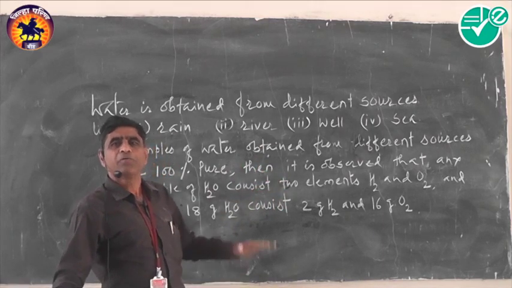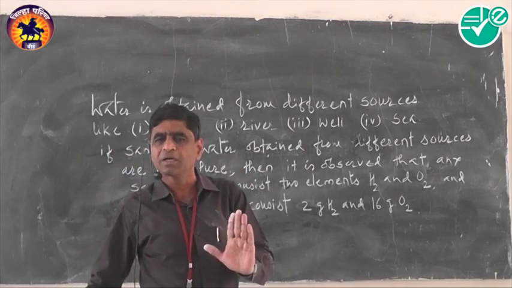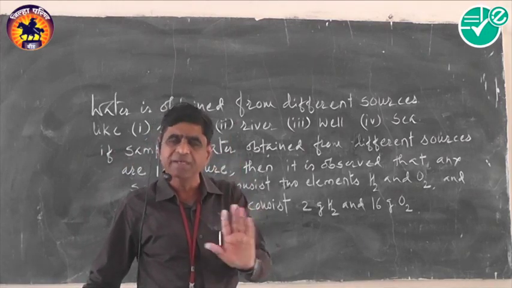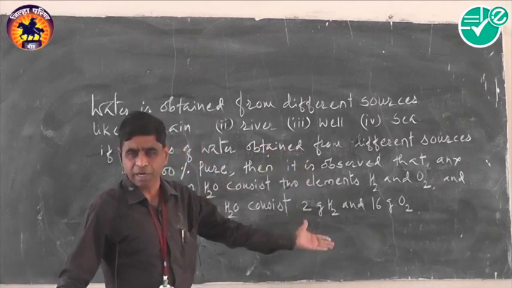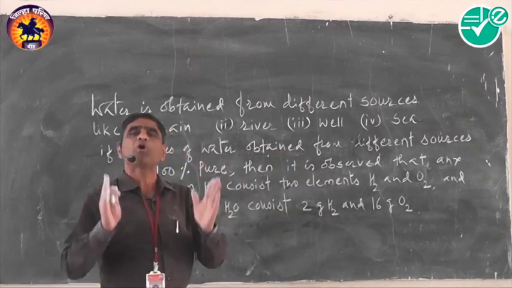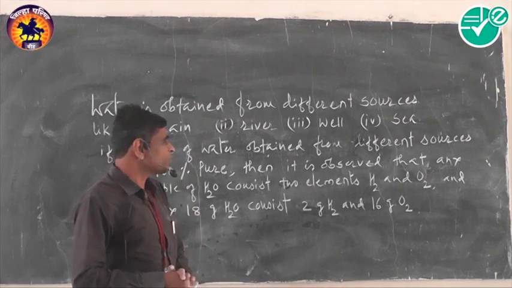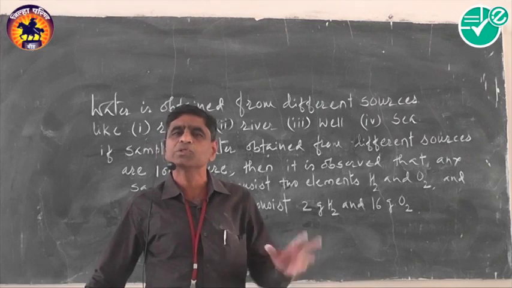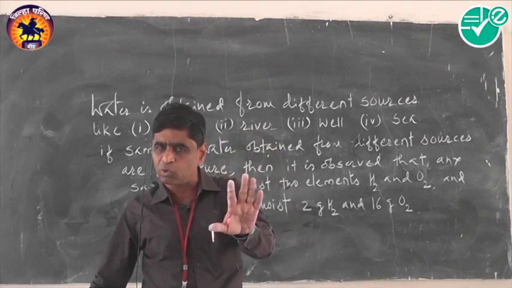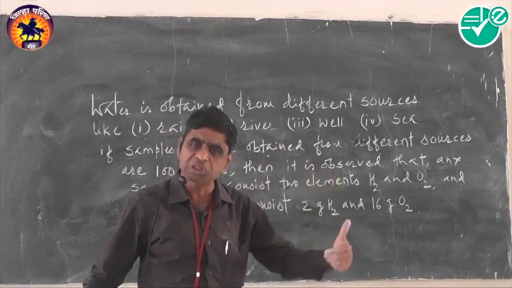So when you carry out the electrolysis of water, we obtain only two elements, hydrogen and oxygen, hydrogen at cathode and oxygen at anode. And what is the ratio by mass? It is observed that 18 gram of water, when electrolyzed, gives 2 gram of hydrogen at cathode and 16 gram of oxygen at anode.